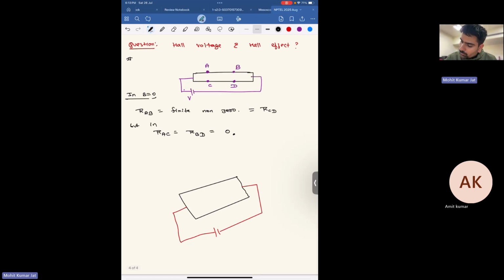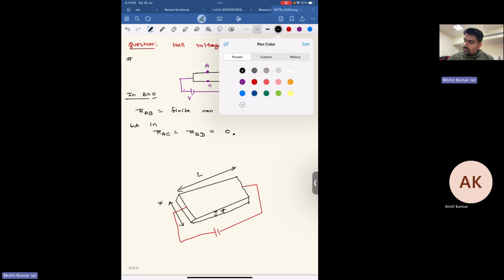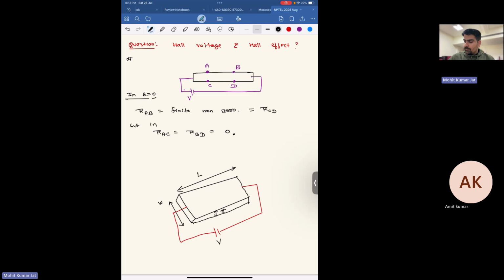So say this is the length of your system, which I call L. This is the width of your sample, which I call W, and this is the thickness, which I call T. Since you have applied the voltage here, a bias basically, it will move the carriers in this X direction.